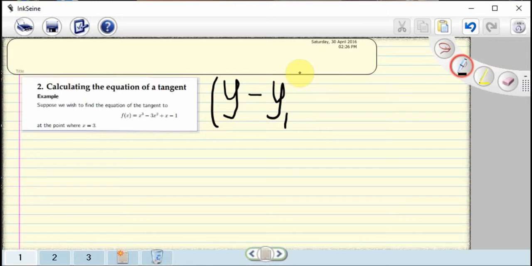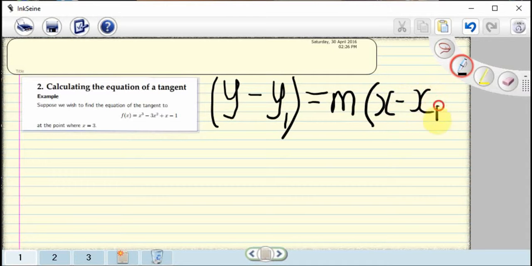Please see with my writing, I'm doing this for the first time, and it's trial and error. y minus y1 is equal to m, which is the gradient, times x minus x1, right? So I want you to keep that in mind, that that is the equation of a tangent.